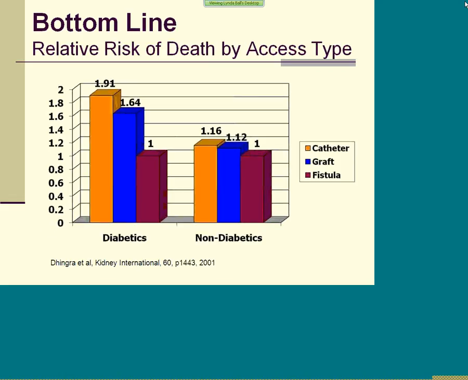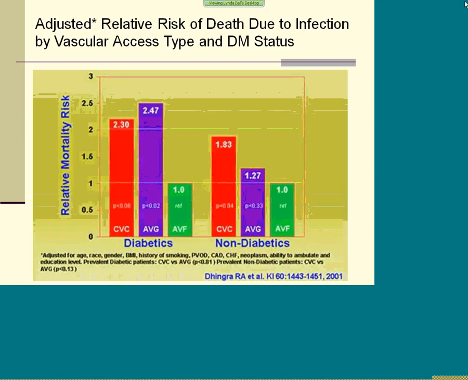And now we're looking at the diabetics versus the non-diabetics and their relative risk of dying with catheters, grafts, and fistulas. When we look at catheters, there's a 91% relative risk of death if you're a diabetic, but 64% risk if you're not diabetic. So it's tremendously higher in those two populations.